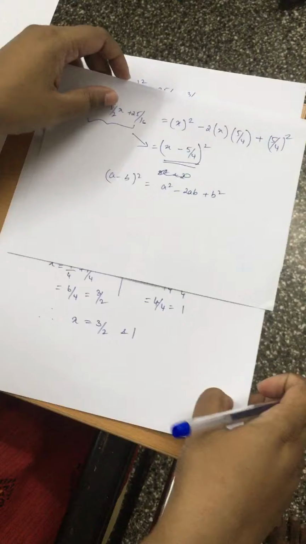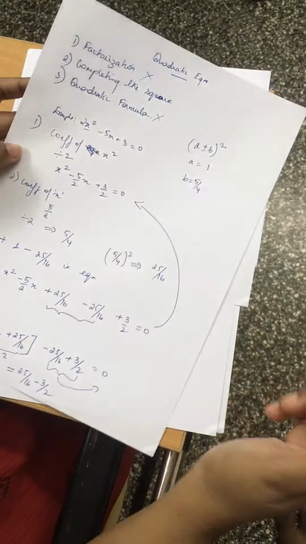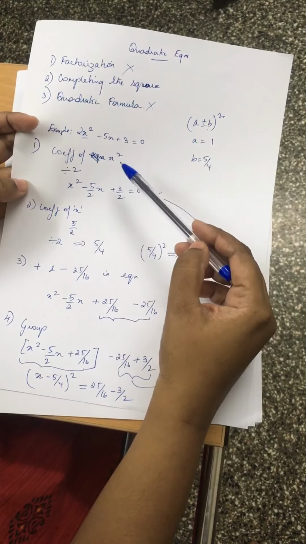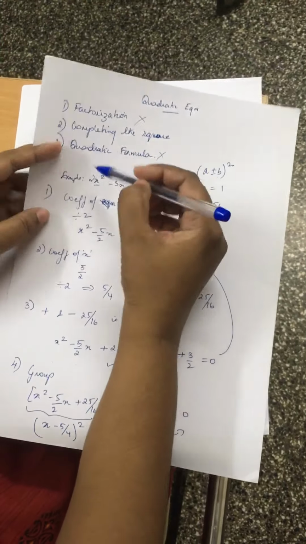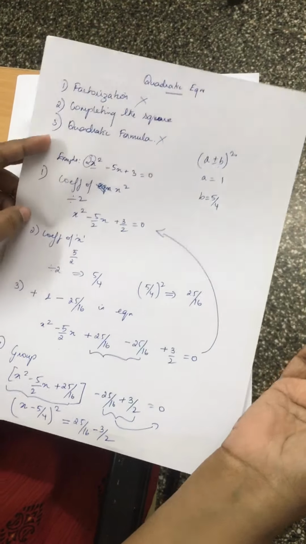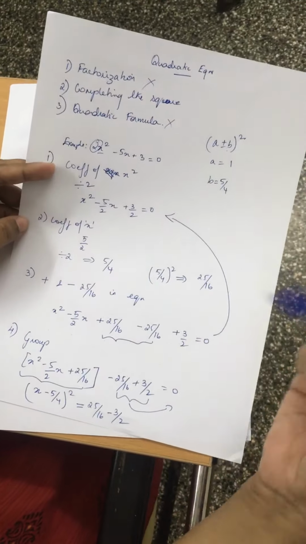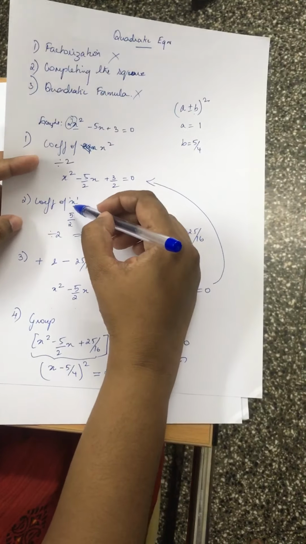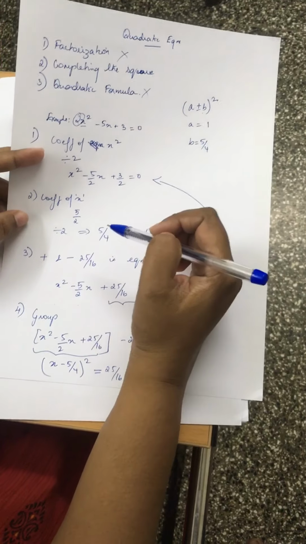So I'll just repeat again. Very first step is to make sure that your x square coefficient is always 1. So whatever be the number, if it is 2, then divide by 2. If it is 3, divide by 3. Whatever be the number. The second step would be to divide only the coefficient of x by 2 always.